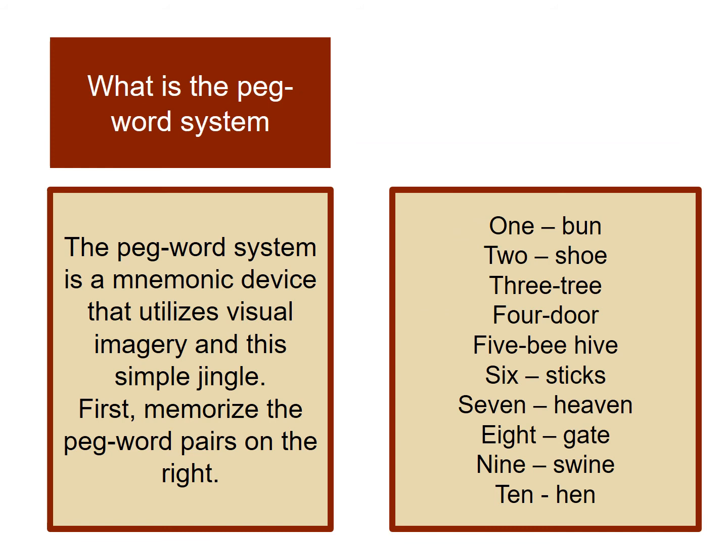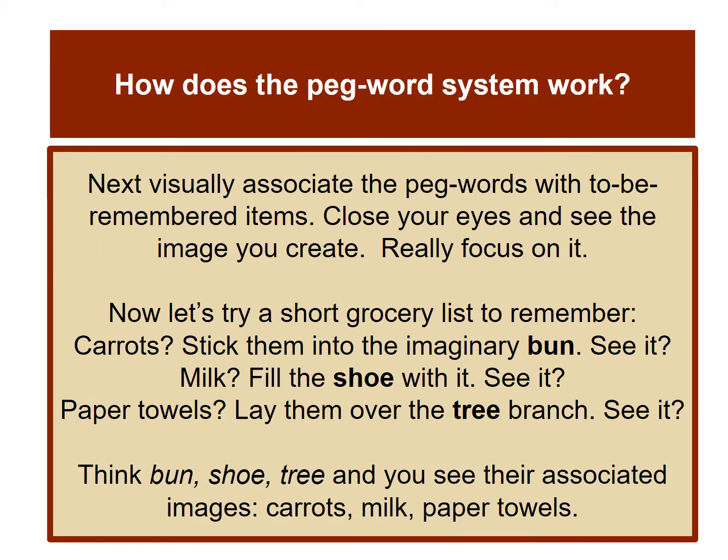Why would you lay them over the tree branch? 1 bun, 2 shoe, 3 tree, 4 door, 5 beehive, 6 stick, 7 heaven, 8 gate, 9 swine, 10 hen. Think bun, shoe, tree, and you see their associated images. Carrots, milk, paper towels. Let's do it again. Bun, shoe, tree, and then images: carrots, milk, paper towels.